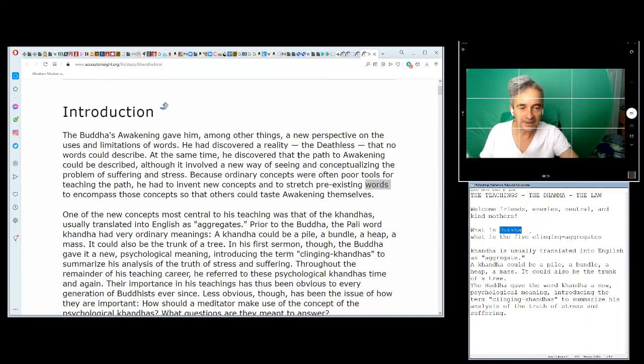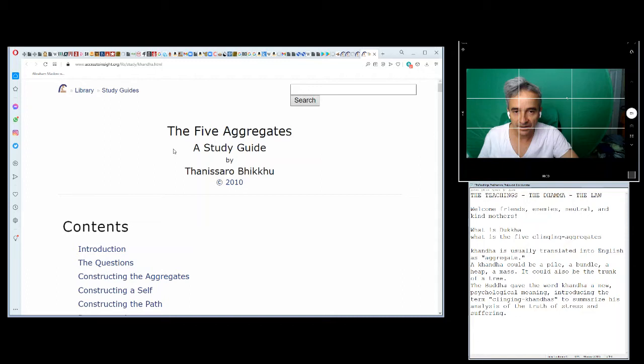When we look at the definition of dukkha, let's see, I better go find it. Oh, there's no way to go back. Let me see. Wait a minute.